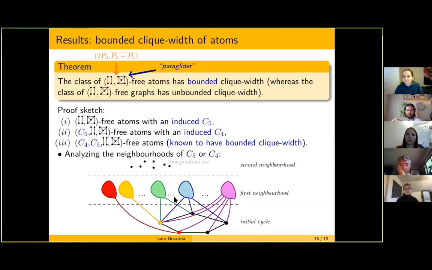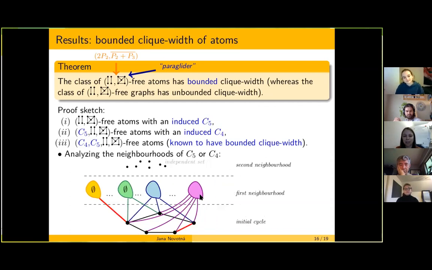For example, some of these sets are empty or contain just a small number of vertices, or they are cliques and there are really nice relations between them. So that's our direction.